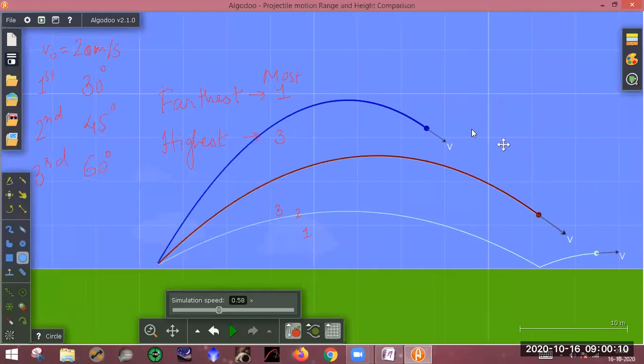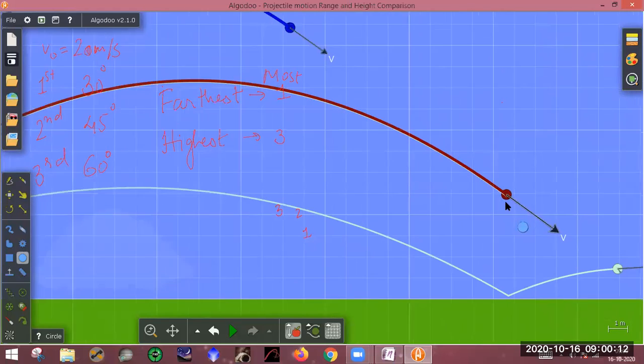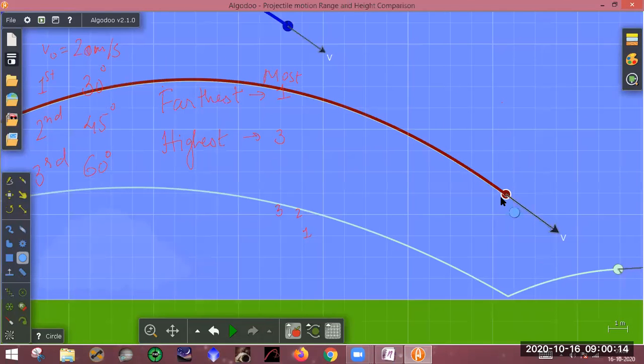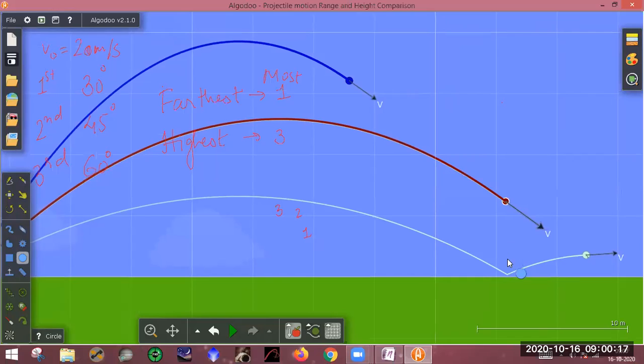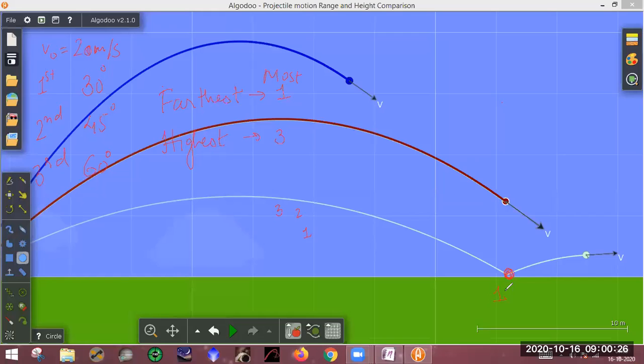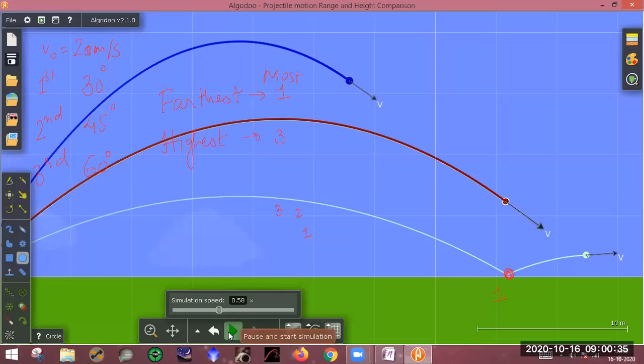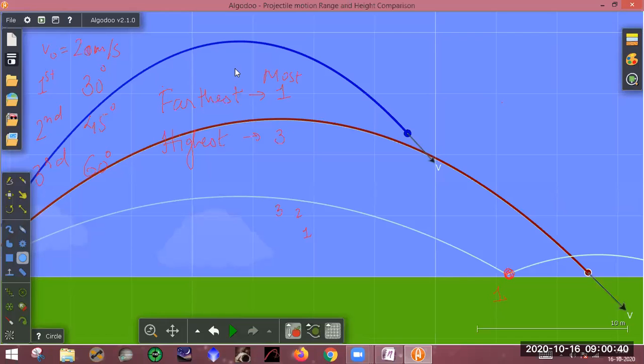See, now clearly this one is going to fall ahead of the first, right? The first one fell here, right? I hope everyone can see that. This is where the first one fell. Clearly the second one that is here, it fell over here, right?